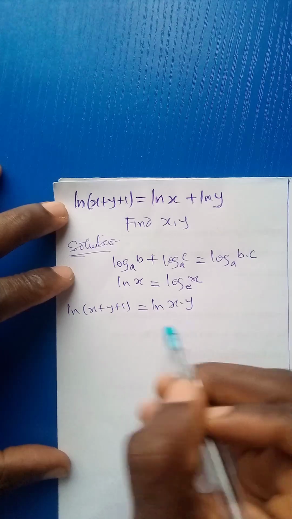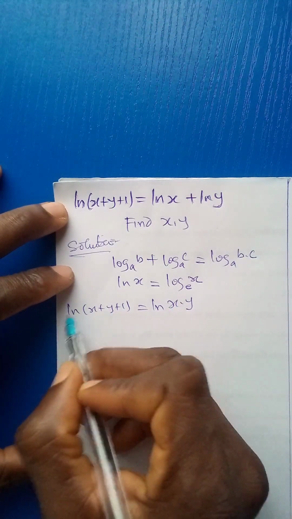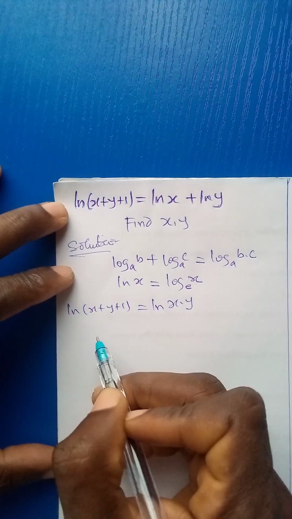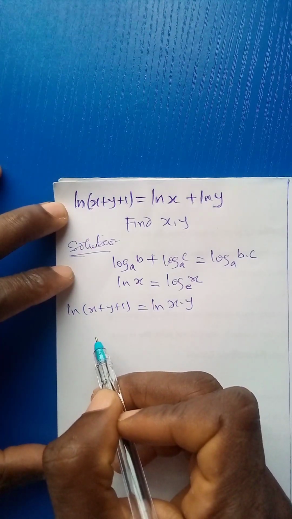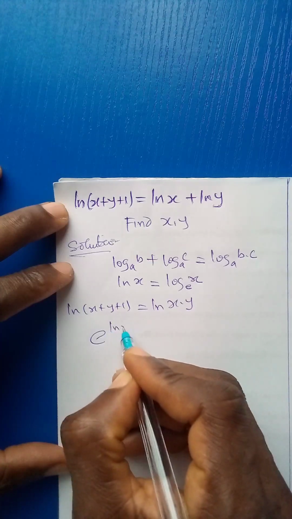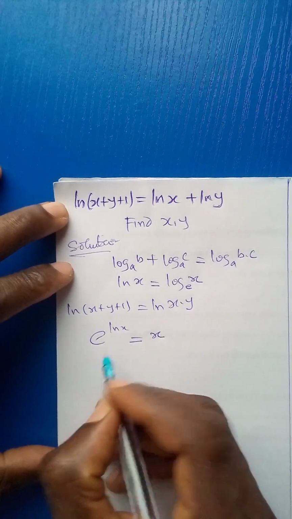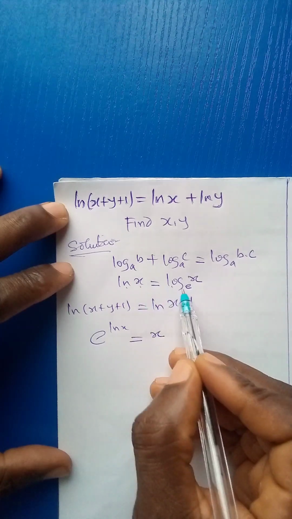Now the next thing I will do is to eliminate or cancel out the logarithm signs. To do that, I will apply a property in indices. If, for example, I have e to power ln x, it is equal to x. So let's remember that ln x means log to base e of x.